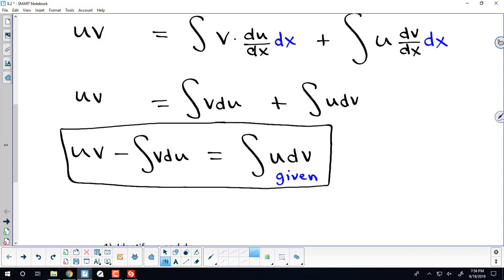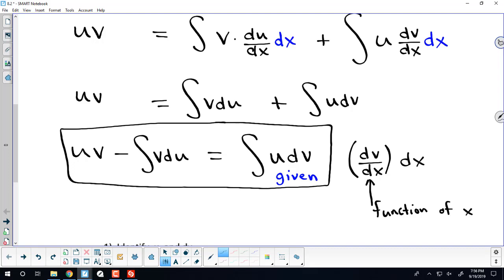So given a particular product, u times dv, both of those will be functions of x. Again, our differential is actually hidden here. So this is still a function of x, and u is a function of x. So we have two functions of x multiplied by each other with respect to x.